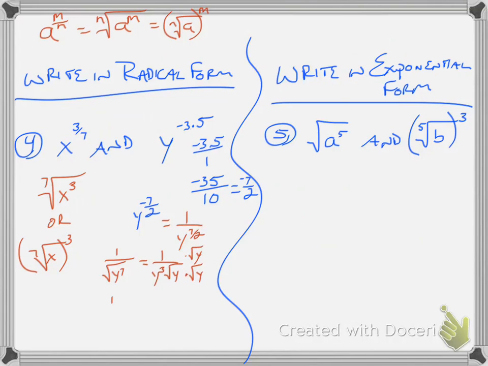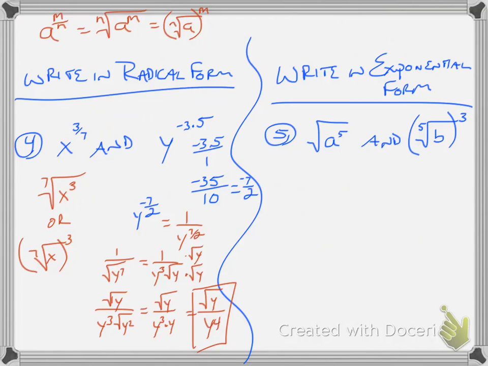So I have the square root of y over y to the 3rd times the square root of y squared, and the square root of y squared then becomes y, and y to the 3rd times y is y to the 4th. And that's the simplified form. A little bit more intricate when you start getting radicals in the denominators and the negative exponents, but you can still use all the rules that we know.